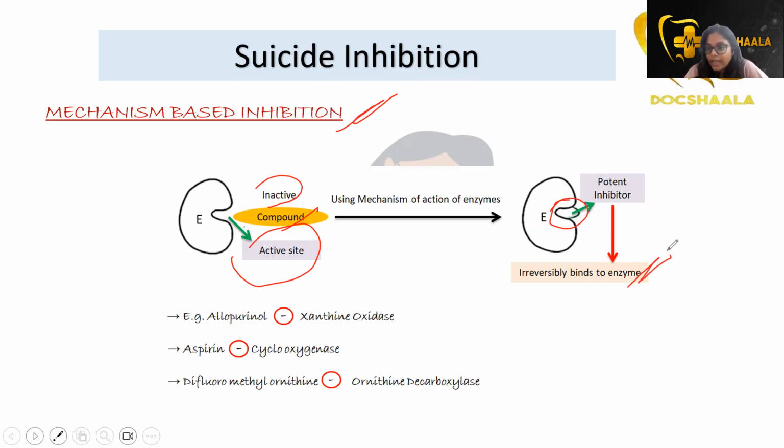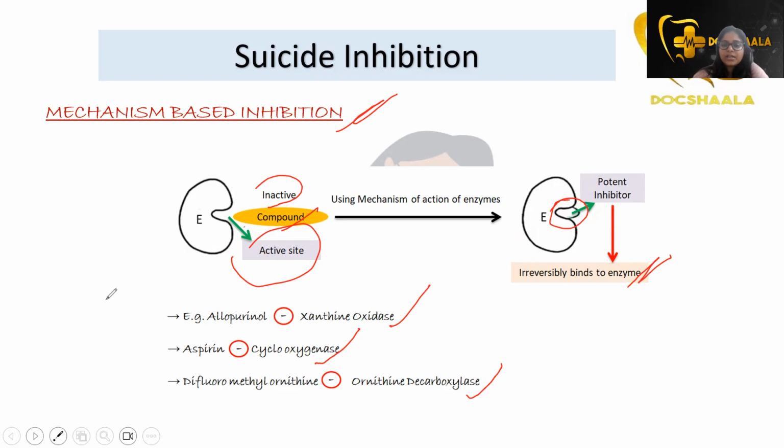Examples of this are allopurinol with xanthine oxidase, aspirin with cyclooxygenase, and difluoromethylornithine with ornithine decarboxylase.